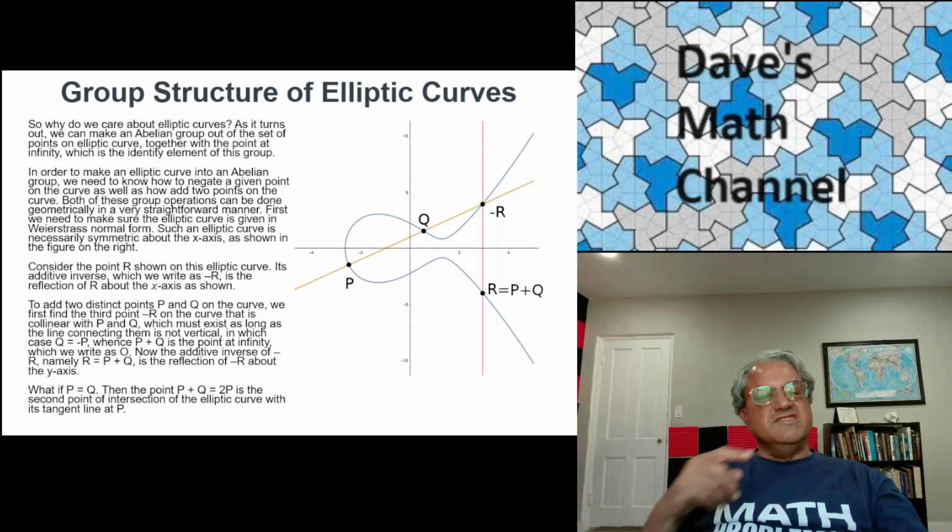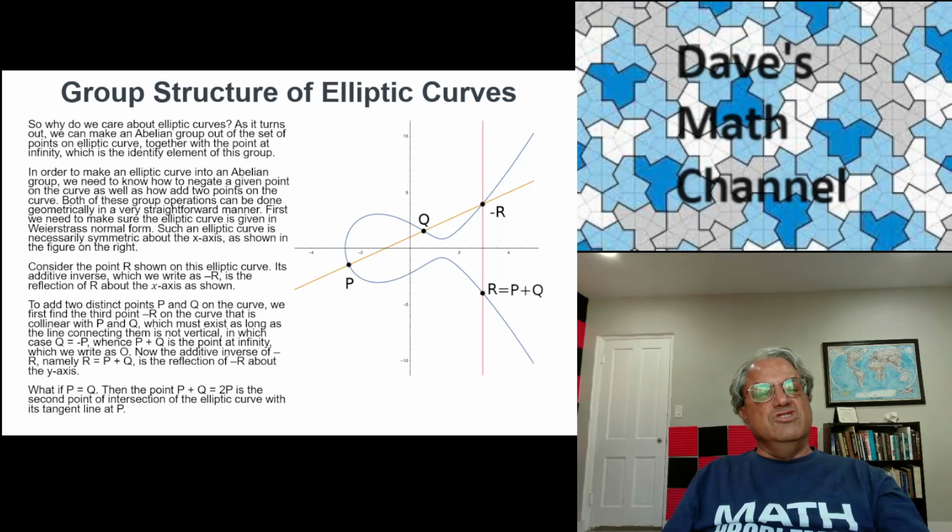That's if they're distinct. You have to do something a little bit different, kind of similar, if P and Q are the same point. What if you want to double an elliptic curve point? Say P equals Q and you want to find 2P, which is really just P plus Q. In that case, you first start with a tangent line.